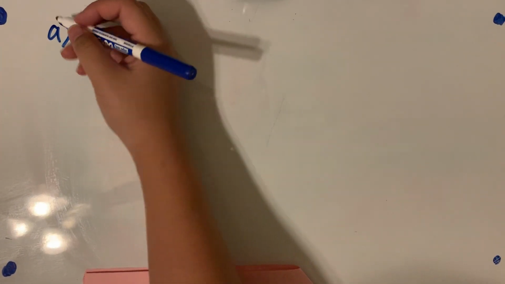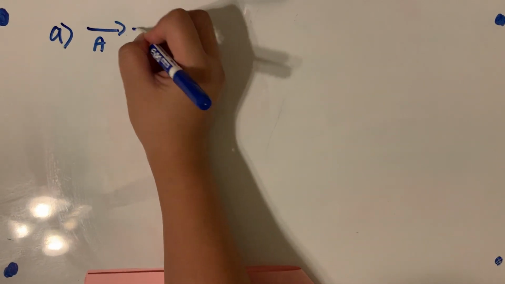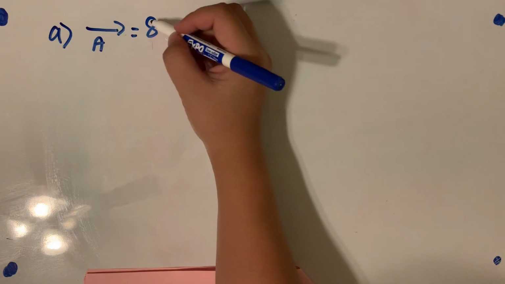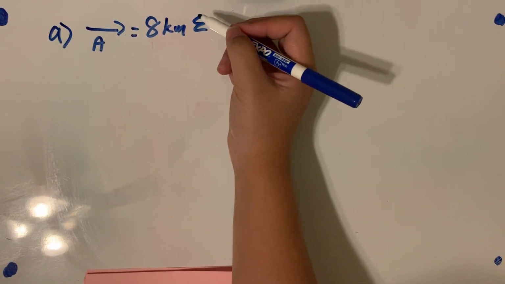So, looking at your paper, you have A, and it tells you vector A is equal to 8 kilometers east.